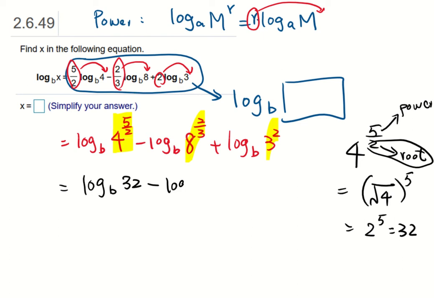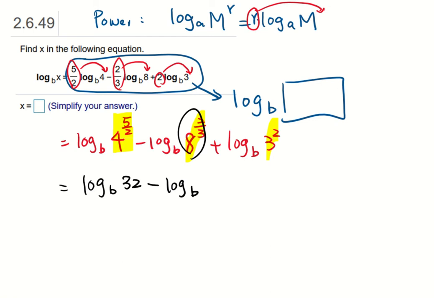Minus log base b of what is 8 to the power of 2/3. Okay, so 8 to the power of 2/3, this 3 will be the root and 2 will be the power. So we have the third root and second power.